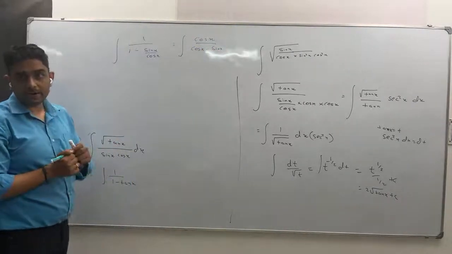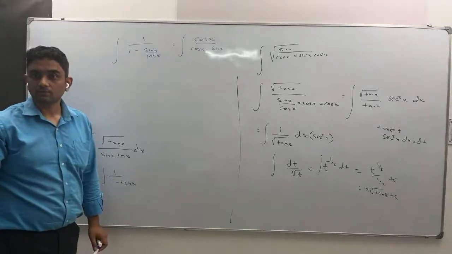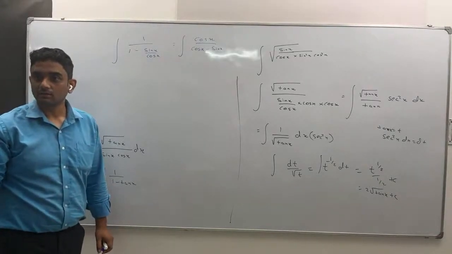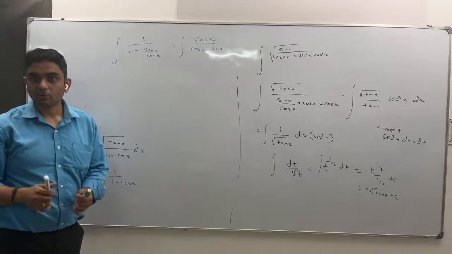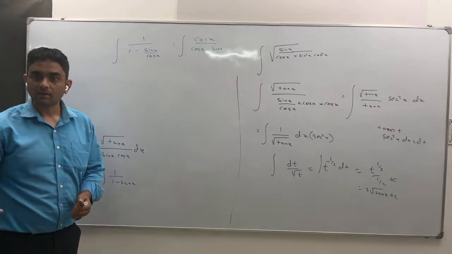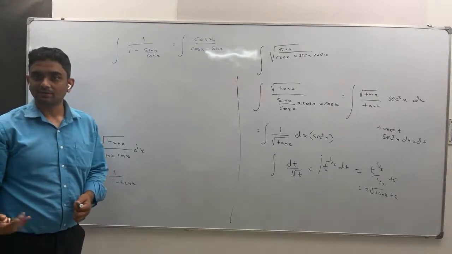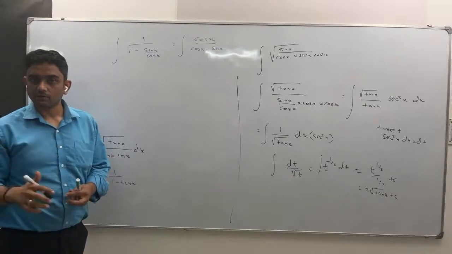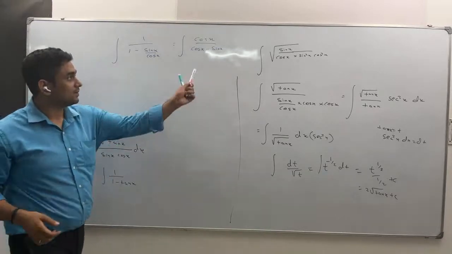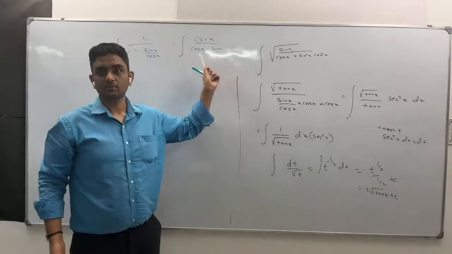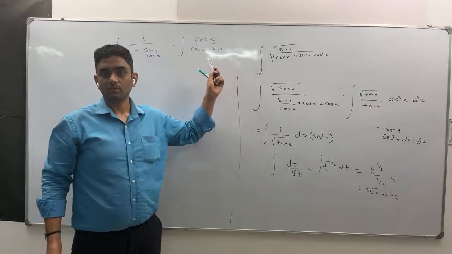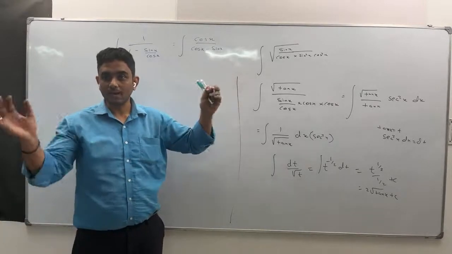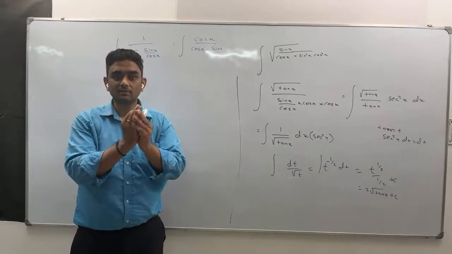Now, if in the numerator I had cos x minus sin x, very easy to integrate. We will get 1, right? Cos x plus sin x, again easy to integrate because that will be the derivative of the denominator. What is the derivative of cos x minus sin x? Minus outside, common cos x plus sin x.